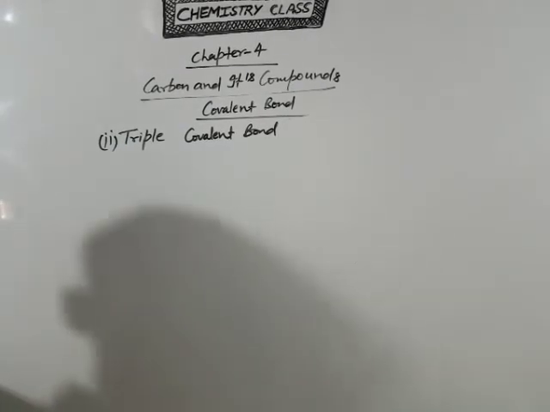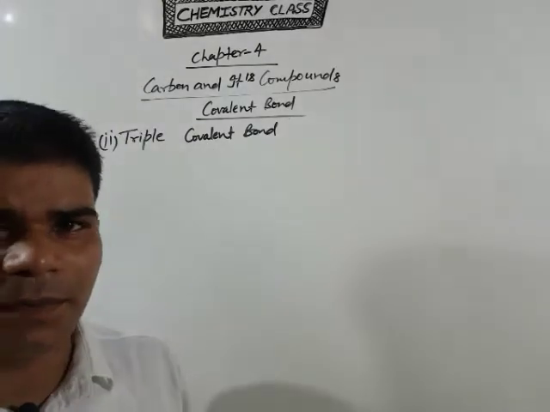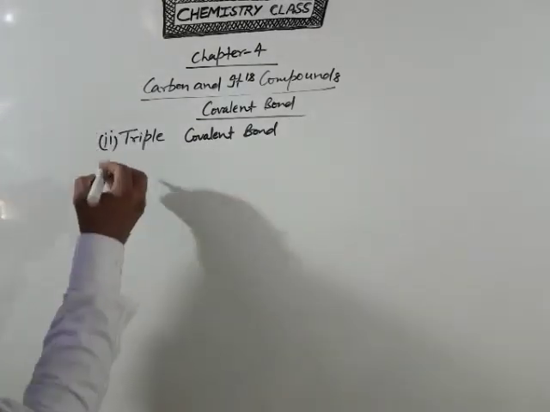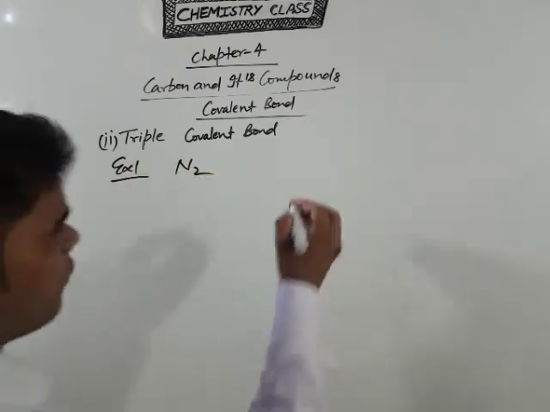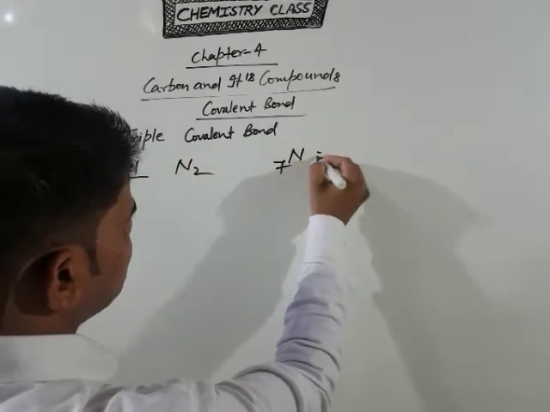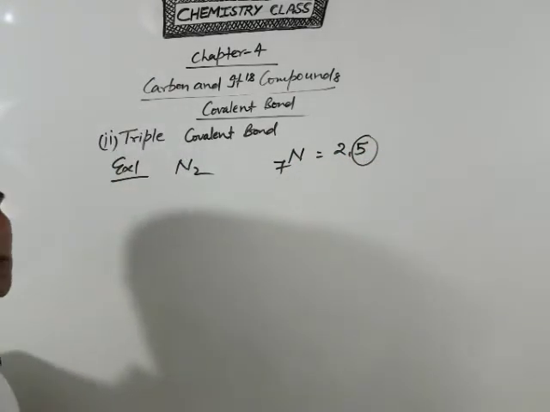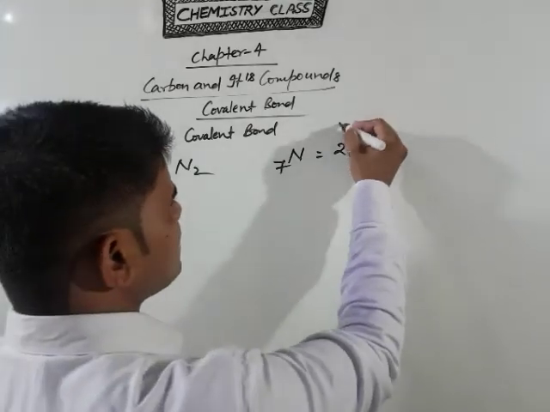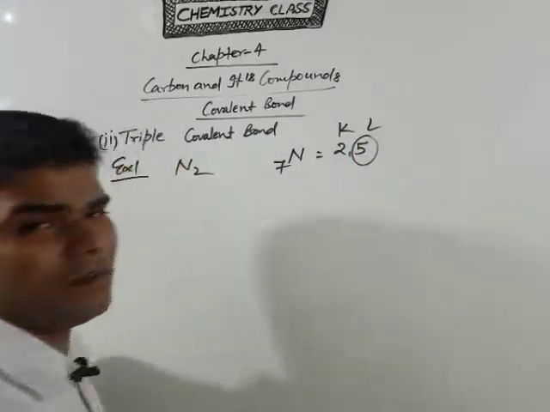Now come to the next one, which is the triple covalent bond. So students, how to prepare a triple bond? See here, the example, remember N2. First of all, write the electronic configuration of nitrogen. It comes 2, 5. In the K shell you have 2 electrons, and in the L shell you have 5 electrons.